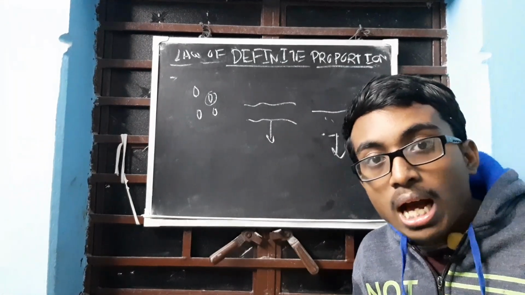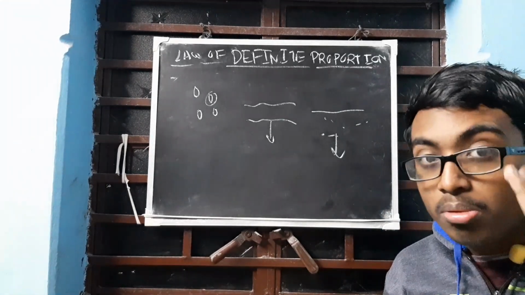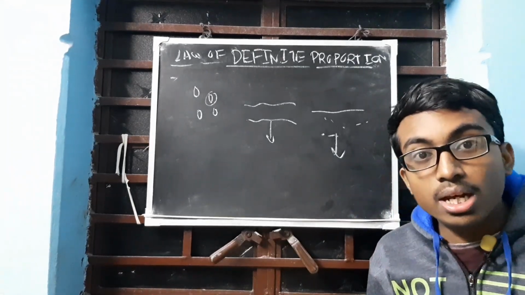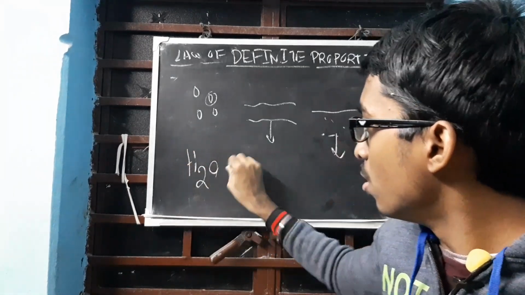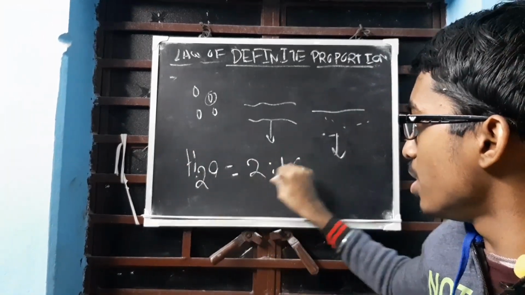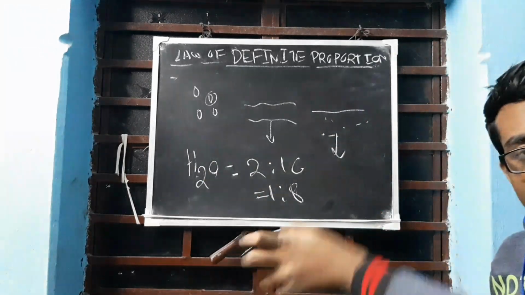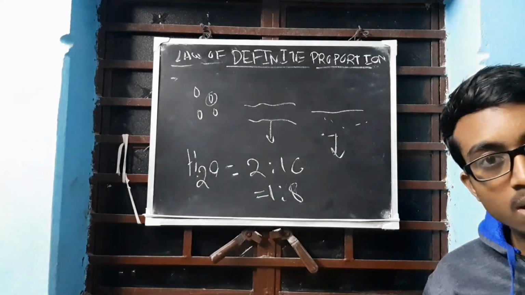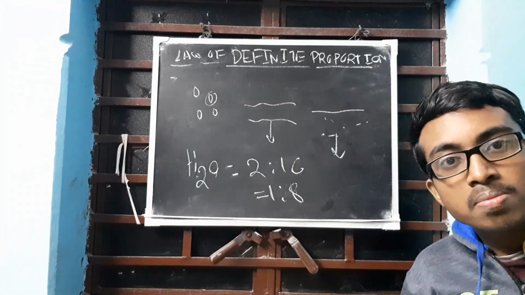No. I am not talking about mixture. That is impurity. I am not talking about impurity. I am talking about whether the chemical composition of water will be different or not. It will not. H2O will remain H2O. What is the ratio? 2:16, that is 1:8. No matter you take from rainwater, river water, groundwater, sea water, surface water, ocean water, all these will have hydrogen and oxygen combined in 1:8 ratio only.